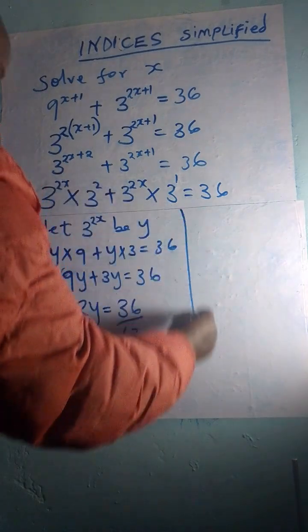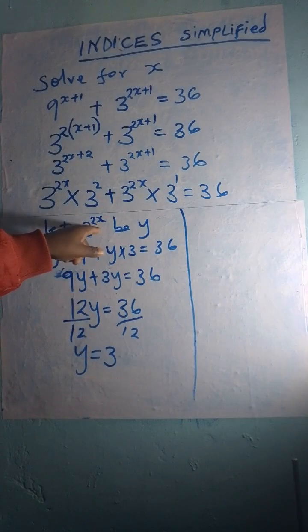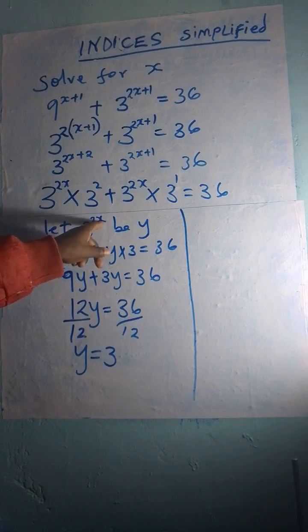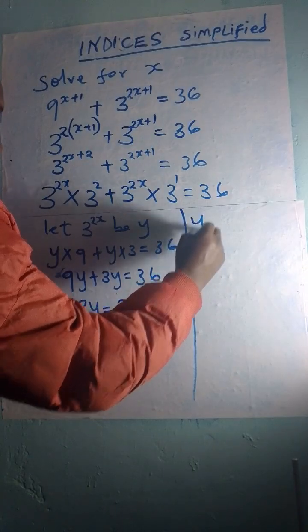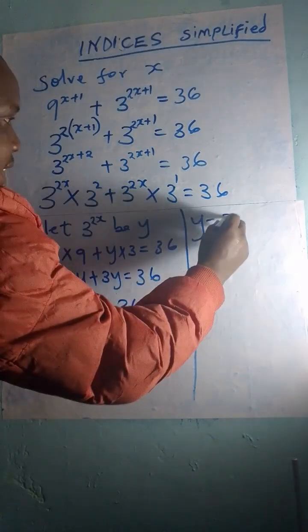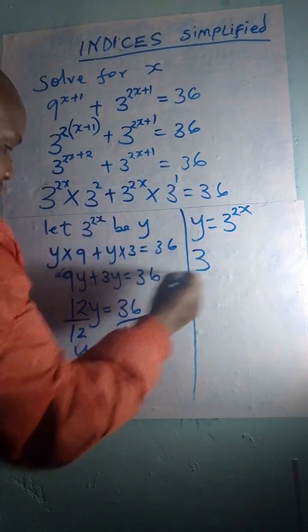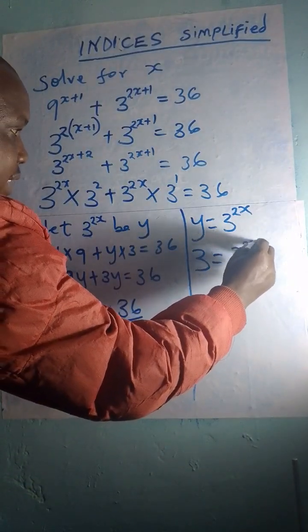We have not finished yet, because we were not looking for the value of y, but for the value of x. We said that y is equal to 3 raised to power x. But what is y? 3, which is this, is equal to 3 raised to power x.